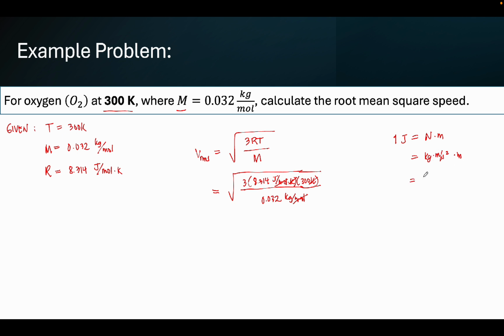So we have kilogram times meter squared per second squared.